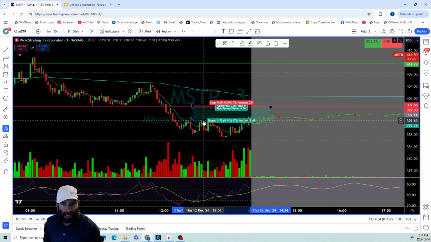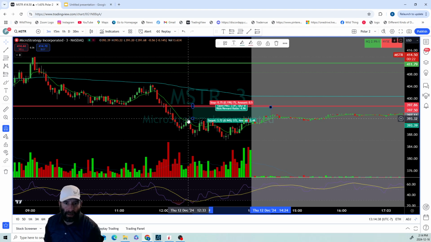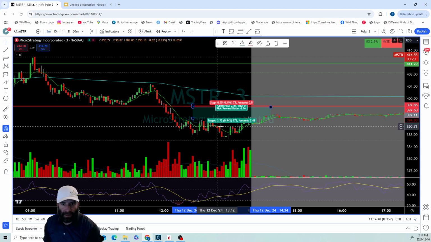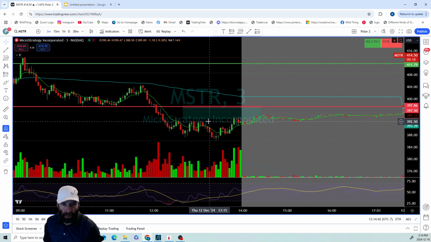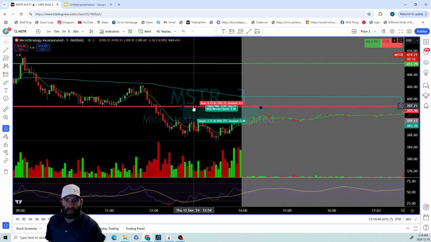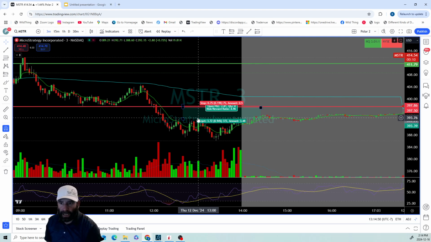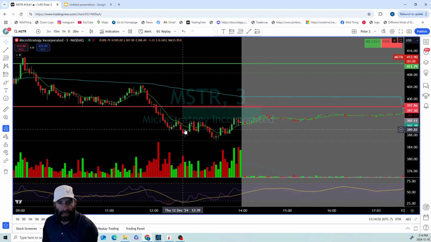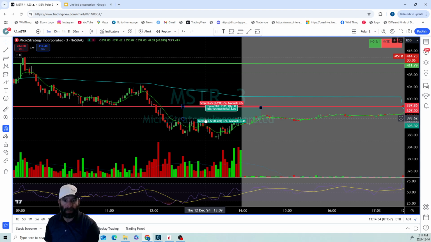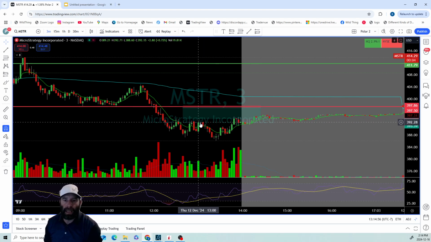Then we pop back up, and the bounce is a little bit weaker than this one here. This bounce here is also a little weaker. So we could move our stop loss down even further on that last quarter, down to 393, now 394, and guarantee ourselves a winning outcome on that last quarter, and just let it ride.